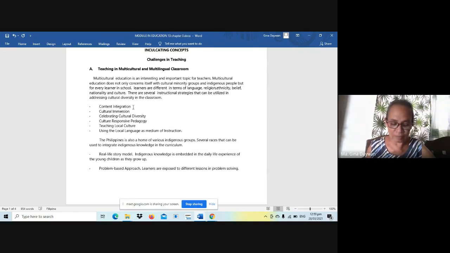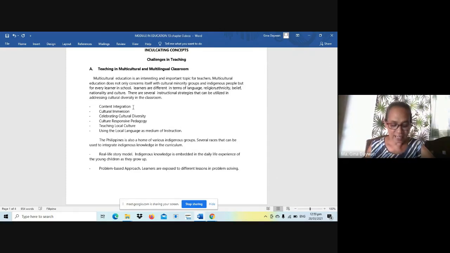Next, we have cultural immersion. Students can be immersed in a different culture. This will allow the students to observe the life of other people and to have a first-hand experience of their culture and values. So you will be meeting people with different cultures and values in cultural immersion.